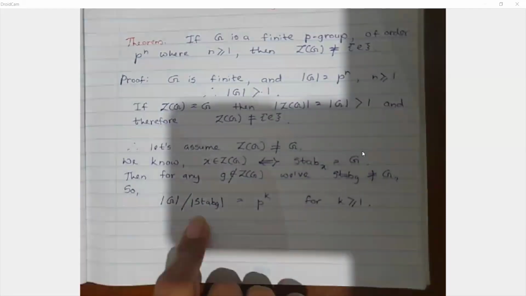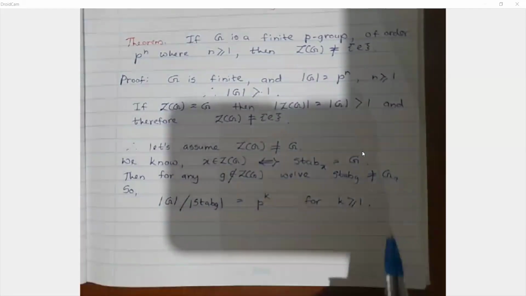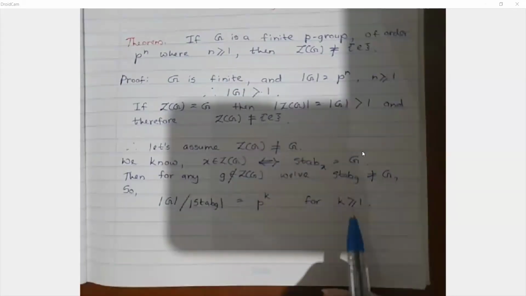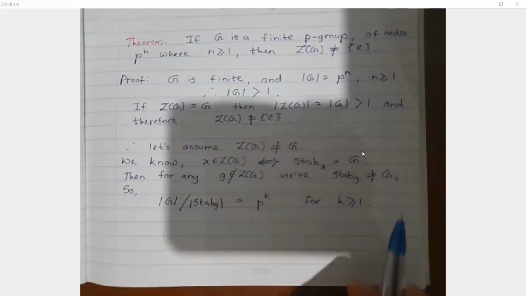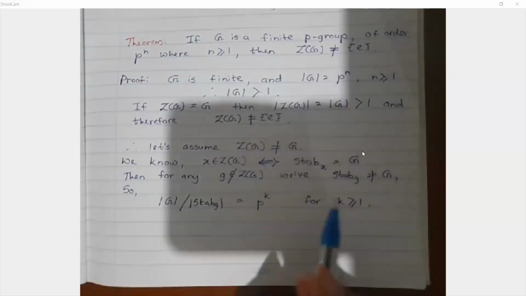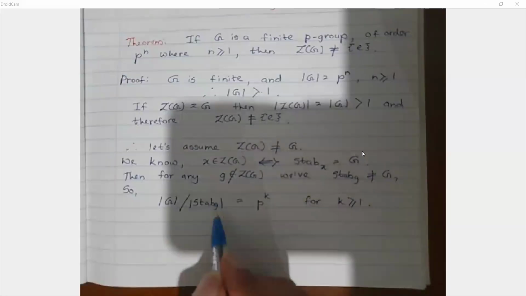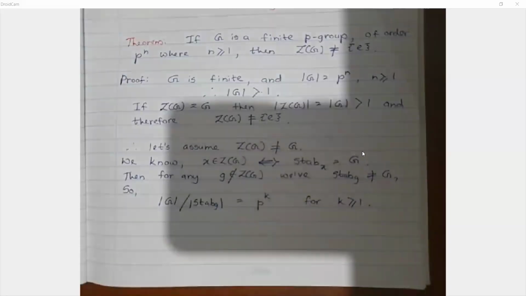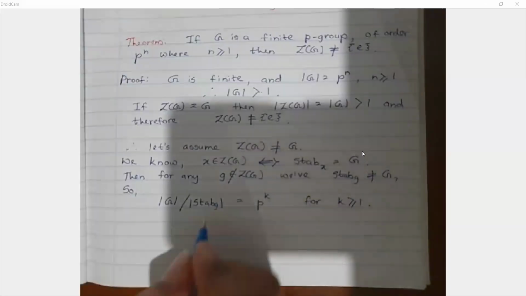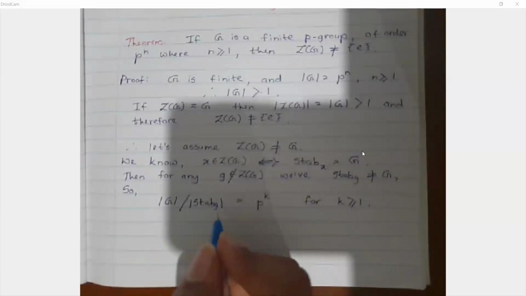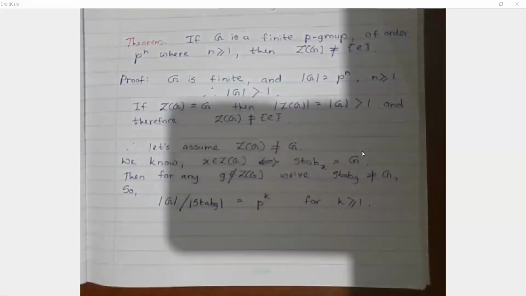Why do we have this? Remember, the stabilizer of any element is a subgroup of G. G is a finite group now. By Lagrange's theorem, the order of the subgroup must divide the order of the group G. And the group G is a p group, so its order is some power of p, which is a prime number.